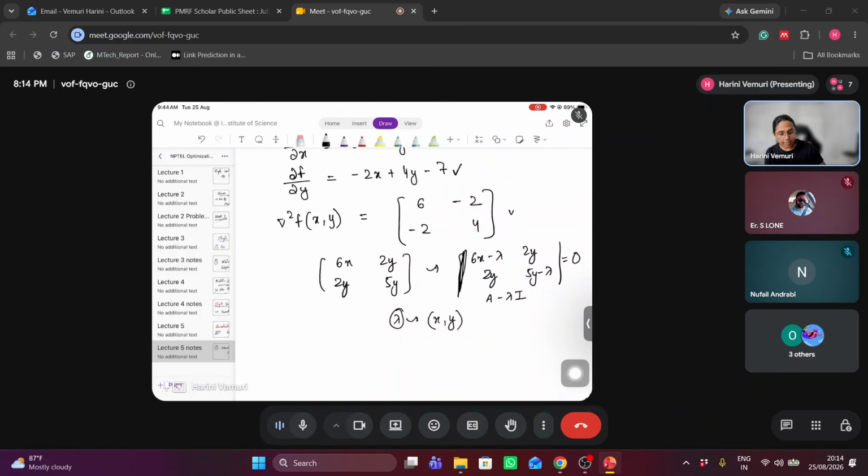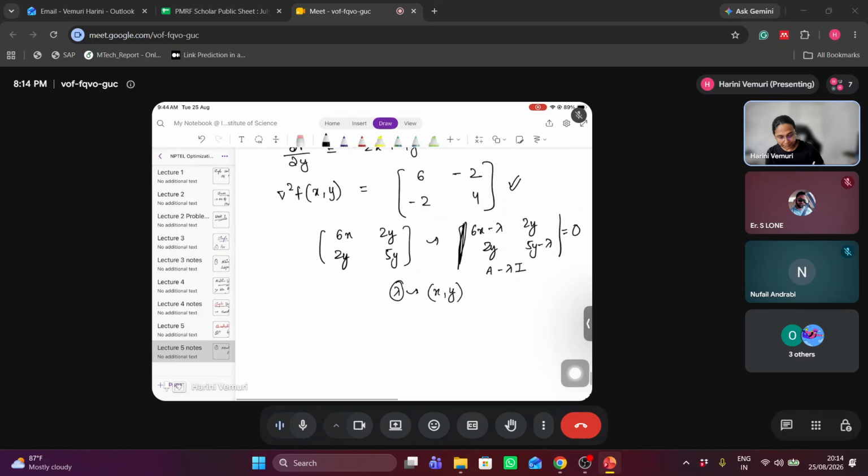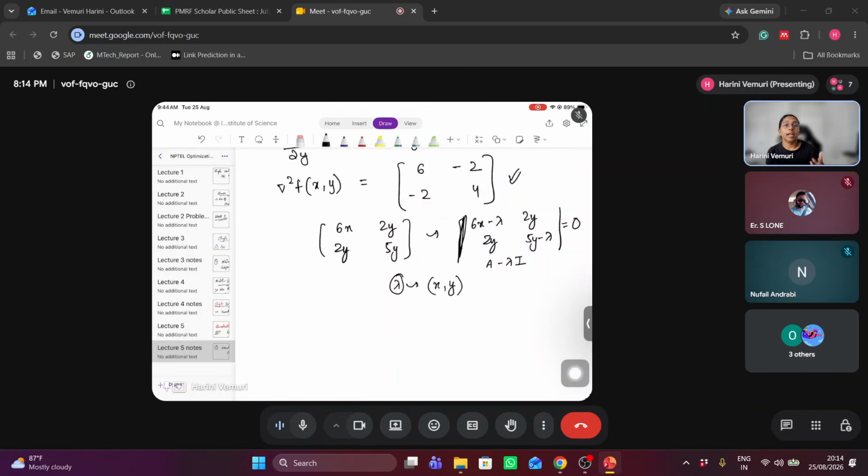In our case they are not functions of x and y, so we get constant eigenvalues for the entire function. This is our Hessian matrix, 6 minus 2, minus 2 4. To get eigenvalues, it is 6 minus lambda, minus 2, minus 2, 4 minus lambda.